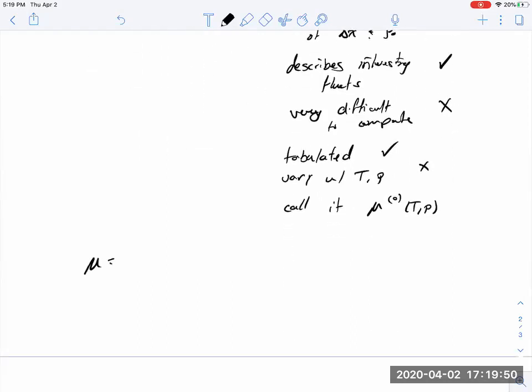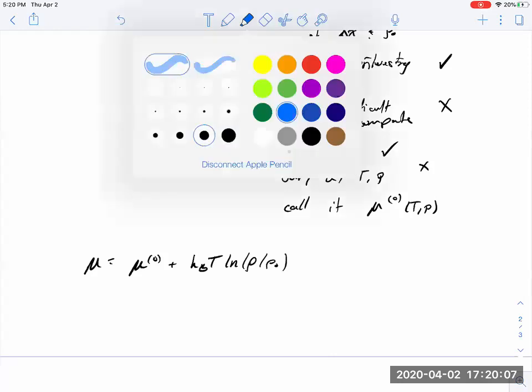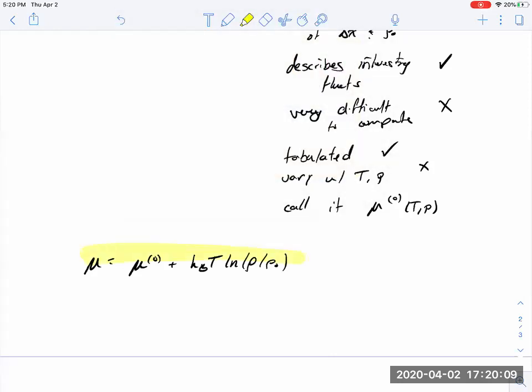So if we put this together, then chemical potential is this standard state piece plus a simple function of the density. Let's highlight that because it turns out to be an incredibly useful equation.